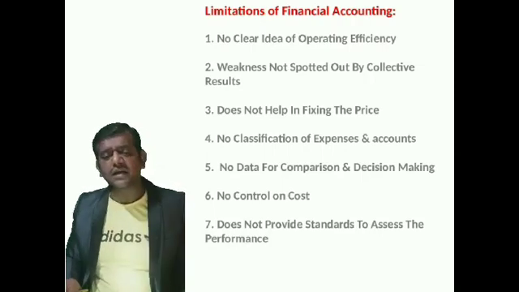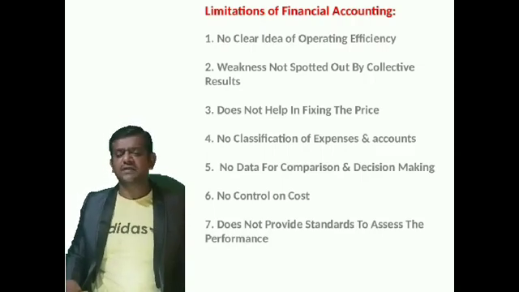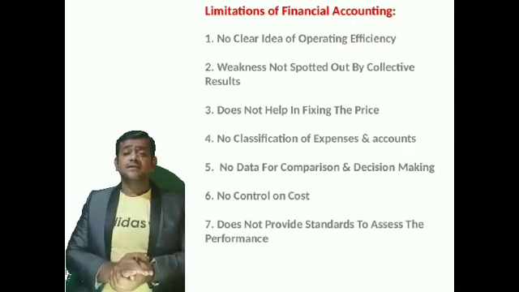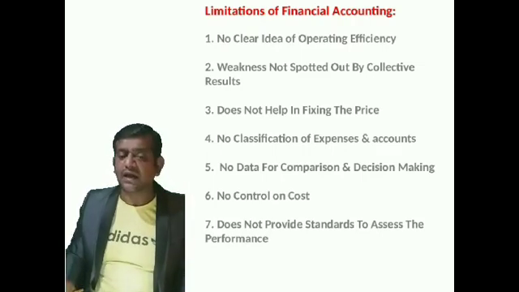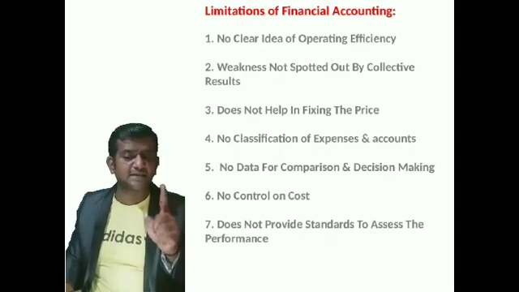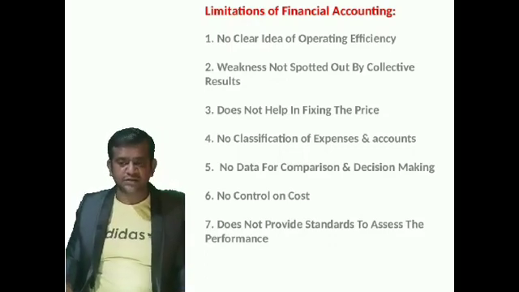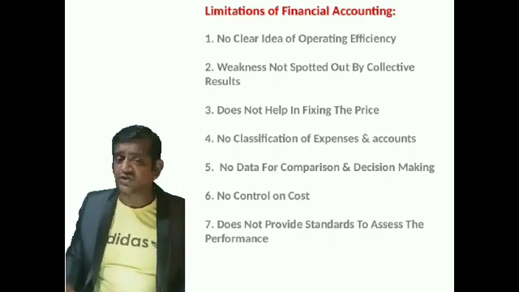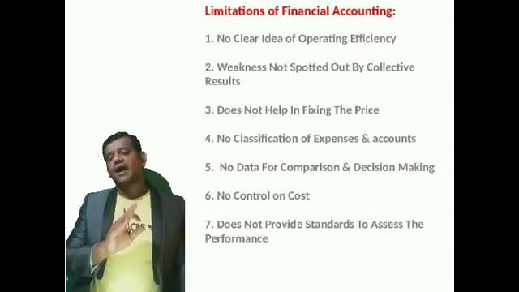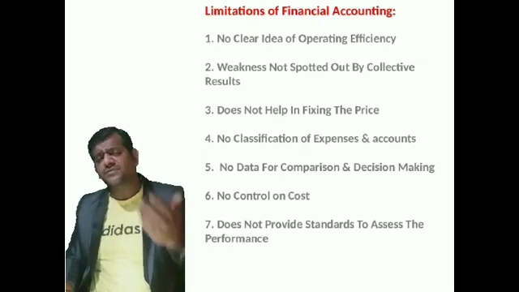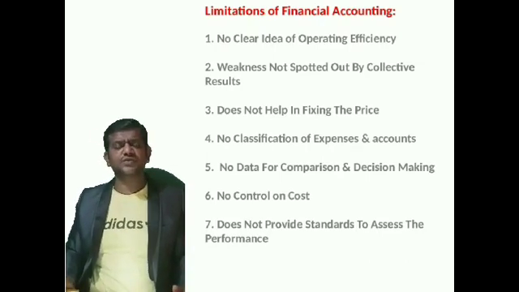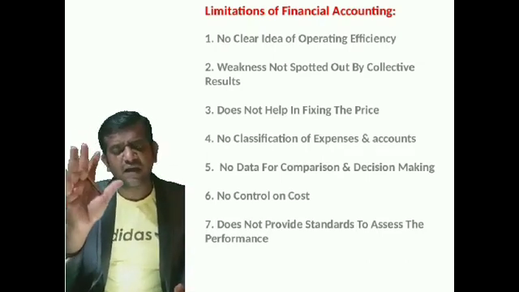Next, thirdly, it does not help in fixing the price. In financial accounting we get the total cost of production, but it does not aid in determining the prices of the products, service, production order and lines of production. A product has to pass through many stages while getting its final shape.